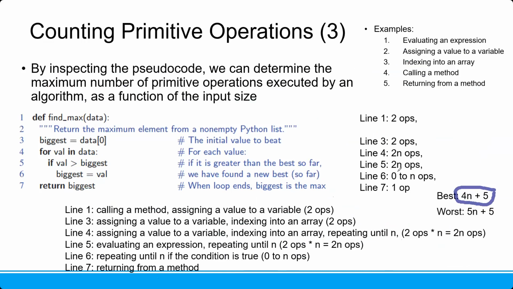Because there might be 0 operation. If we have 0 operation, then we will not do until n time. We just keep this line. But if we do this operation, the worst case is n time. So we have 5n plus 5.